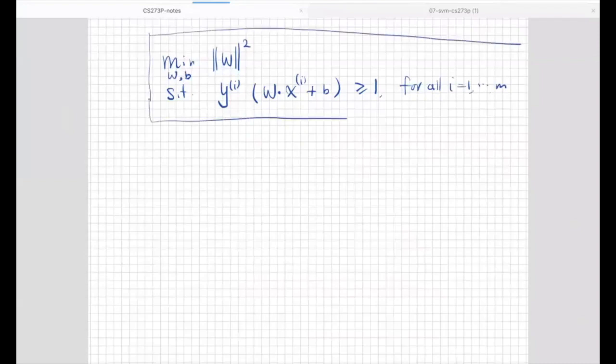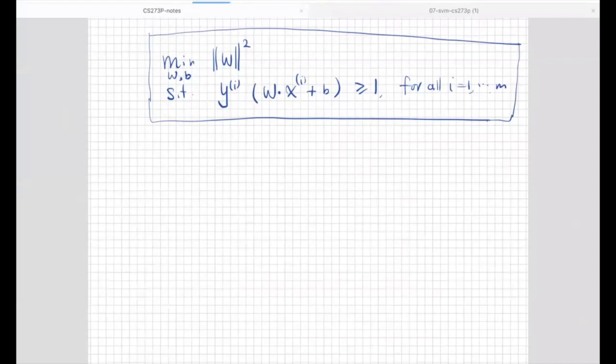In fact, the w returned by this solution is simply the solution of this optimization problem. So the question is, what are the solutions to this problem? How do we characterize the solution to this problem?